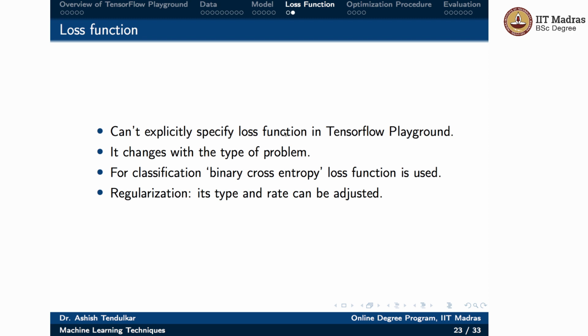We will study regularization again in the second module of the course while studying linear regression, and regularization will appear many times in the course. It's a very general concept in machine learning, so do not worry about it right now. We'll study it in due course of time.